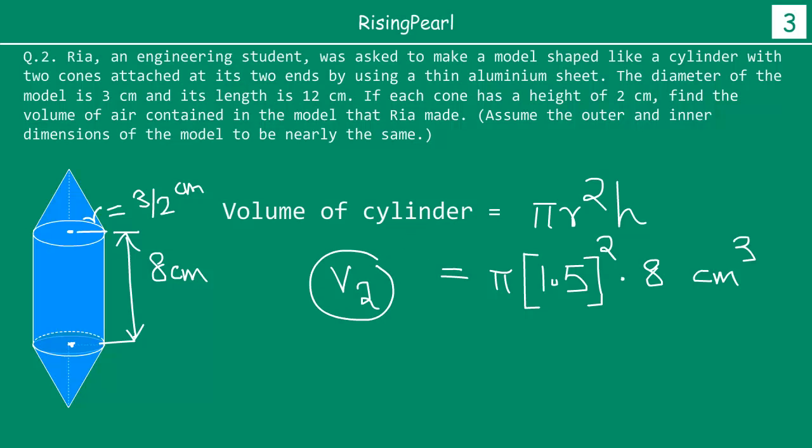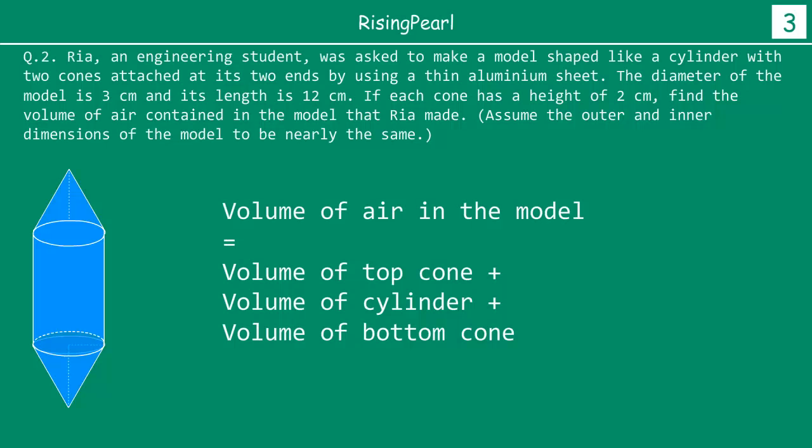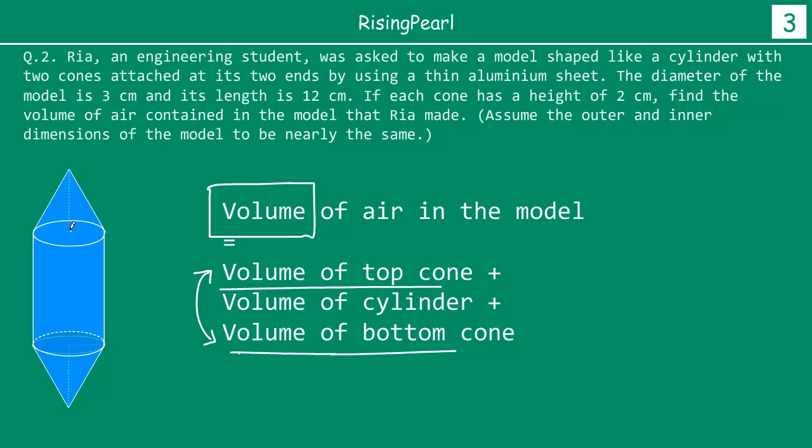And now similarly, the total volume is V1, which is the volume of the top cone. We did not do the bottom cone separately because the volume of the top cone is the same as the volume of the bottom cone, right? They both have the same radius and the same height, which is 2 centimeter.